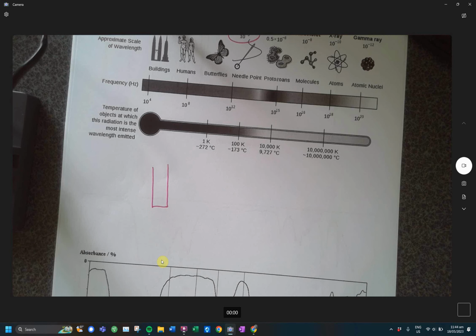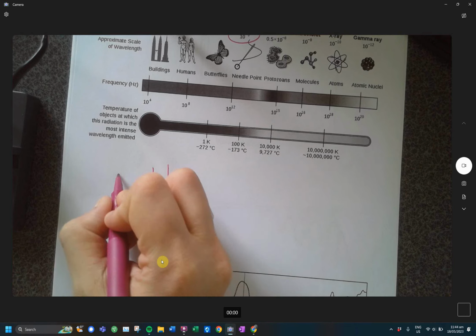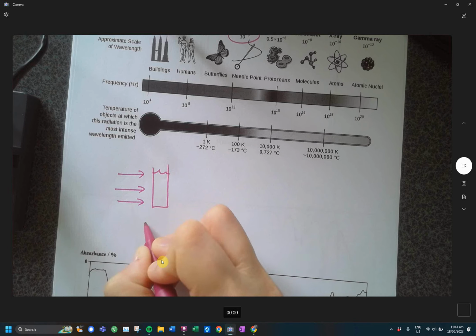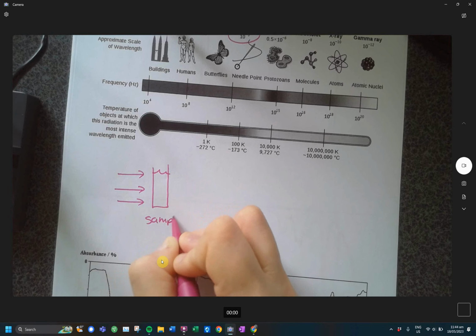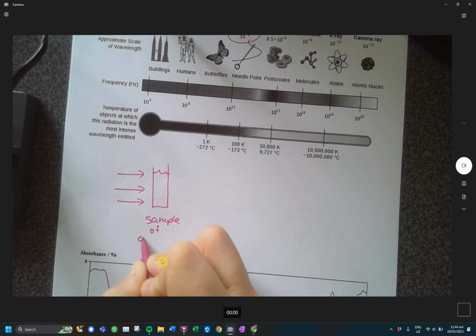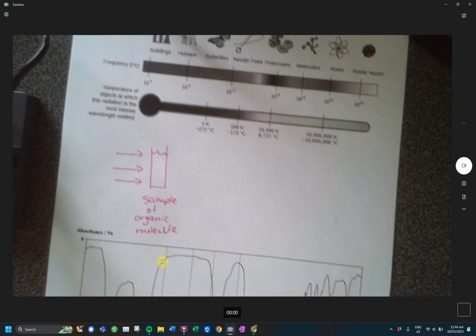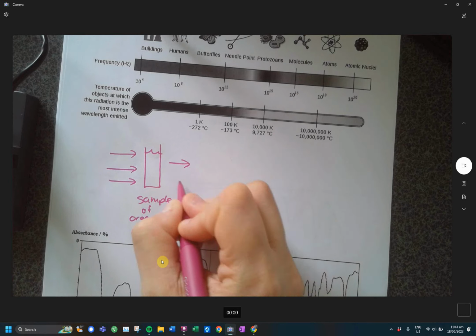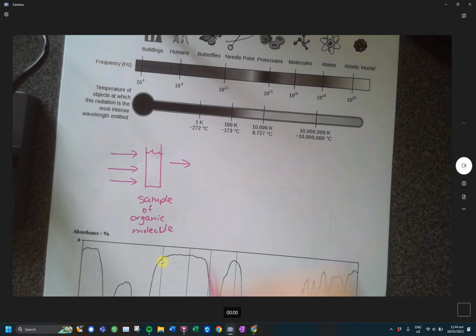I'm just explaining how the machine works so that way you understand what the data means. So what happens when we are using the IR machine is that we shine a light at my sample of my molecule. And then what I do is we are seeing how much of that light gets absorbed.